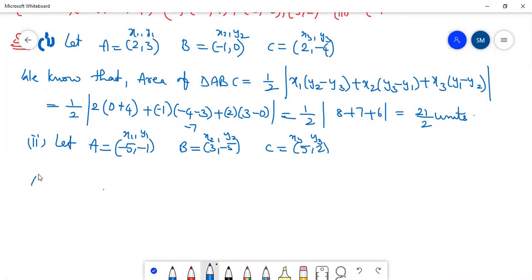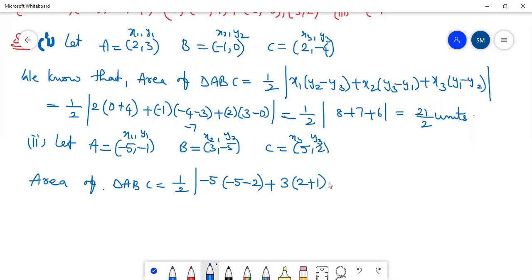Apply in the area of triangle ABC: 1 by 2 modulus of x1 is minus 5 into y2 is minus 5 minus y3 is 2, plus x2 is 3, y3 is 2 minus y1 is minus 1, minus into minus plus 1, plus x3 is 5, y1 is minus 1, y2 is minus 5, minus into minus plus 5.